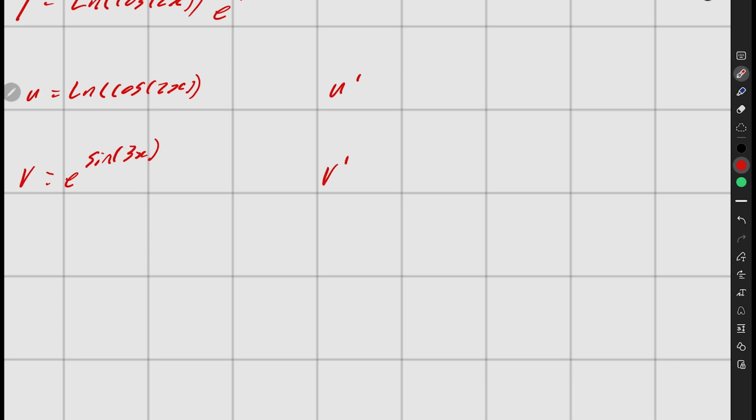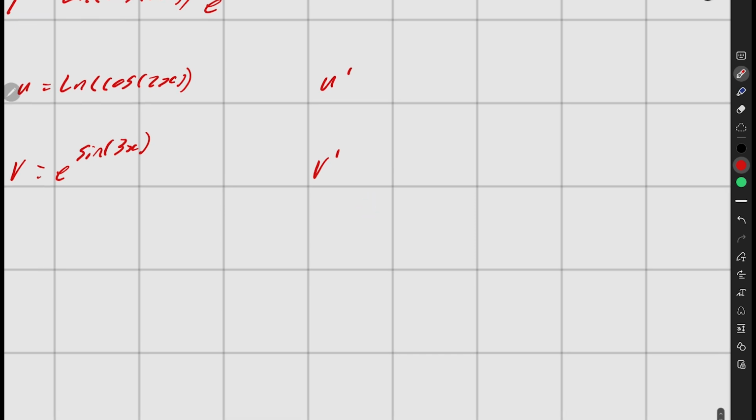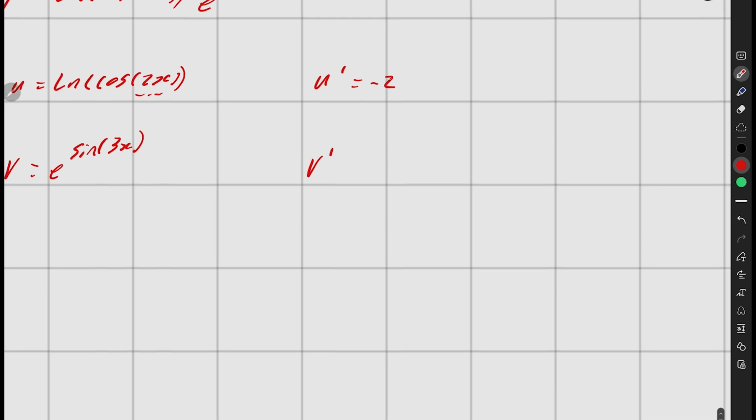Remember the chain rule, we diff in, then we diff out. So step 1, differentiate the inner function. So u dash is going to be equal to, what's the derivative of the inner function? The derivative of cos of 2x, we're going to have to use the chain rule again. So diff in, differentiate the inner function. 2x differentiates to 2. And the derivative of cos of 2x is going to be negative sine of 2x.